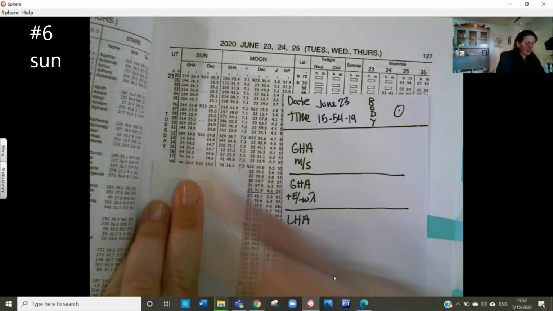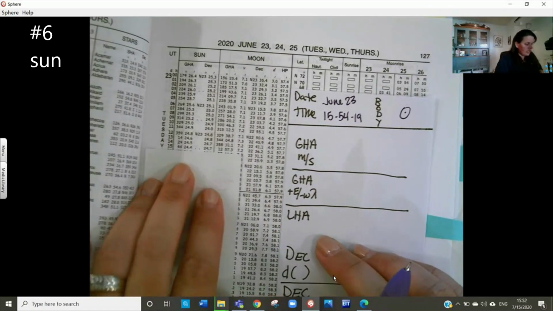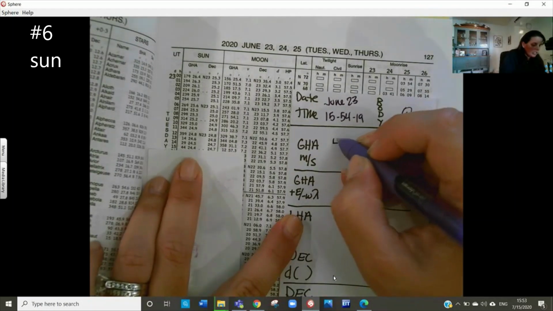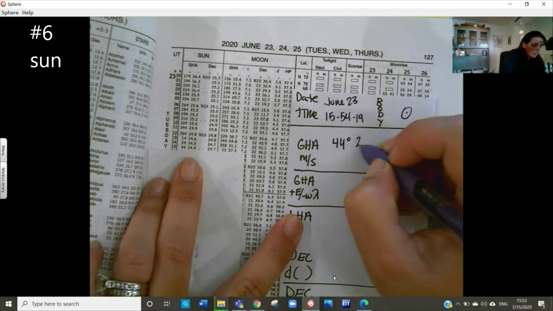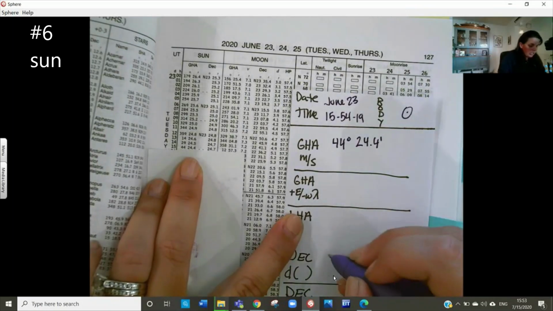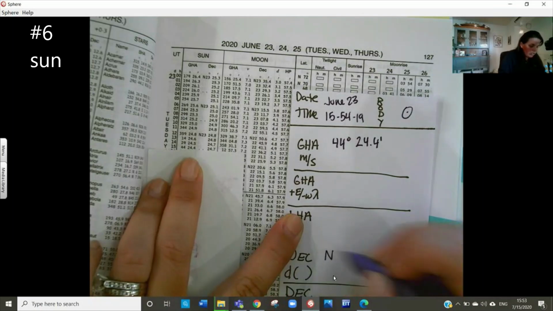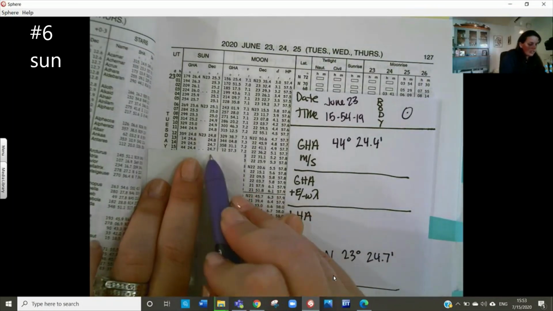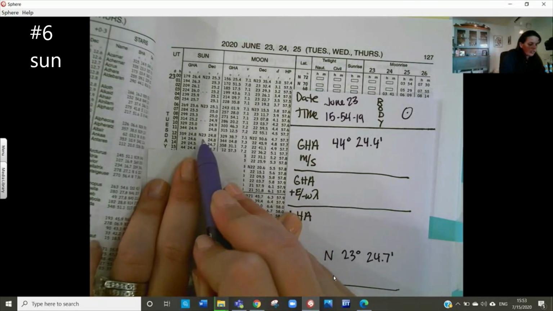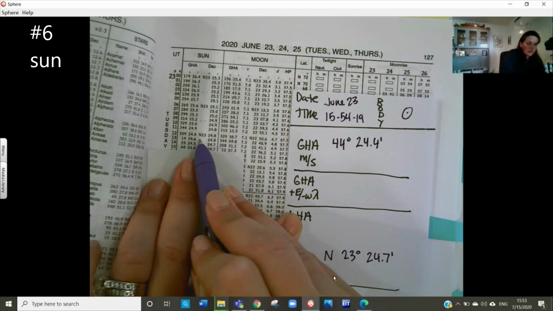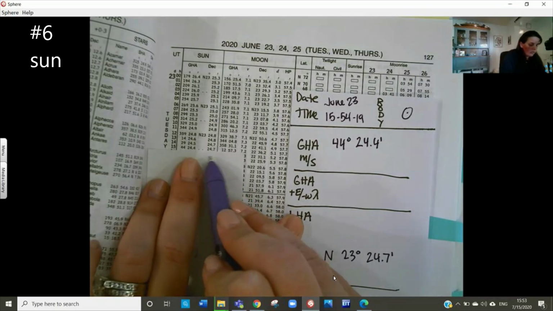June 23rd, GMT time is 1500 some change, so we're going to have a GHA of 44 degrees, 24.4 minutes, and a declination of north 23 degrees, 24.7 minutes. So again, here, it didn't say the 23, but 23 is up here, so we followed it on the way down. So we're at north 23 degrees, 24.7.